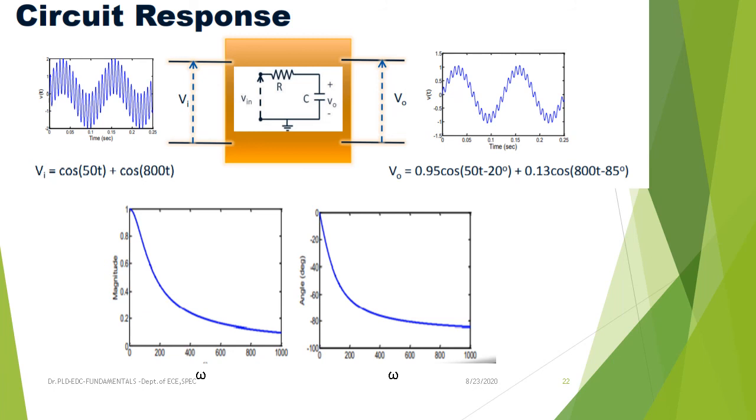Suppose we give that signal as input to this RC circuit, where we observe the output voltage across the capacitor and the input is Vin. Then what is the output voltage? This is the output voltage waveform V0 of t with respect to time. How are we going to evaluate the equation of this output waveform?